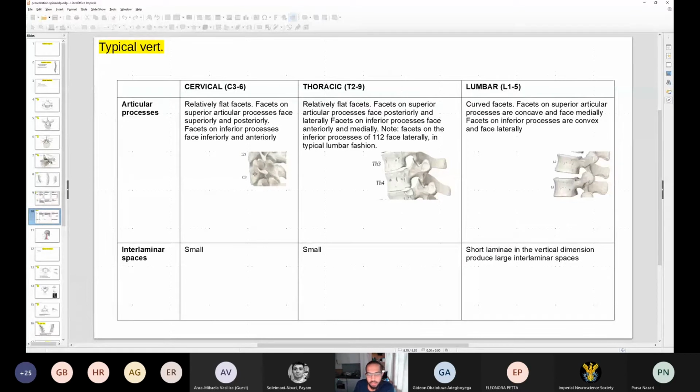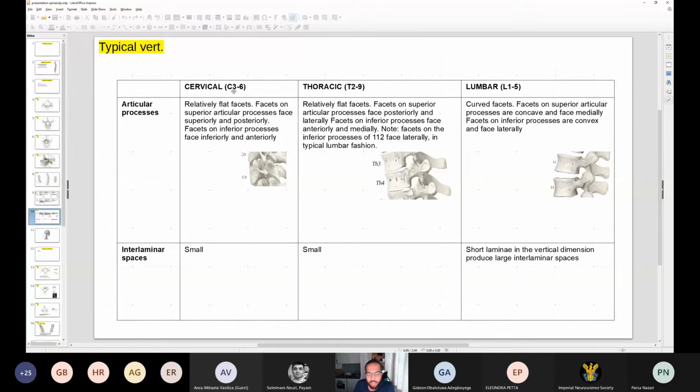So the articular processes are a bit different in orientation, and it may seem initially confusing. However, I think it's straightforward, because you just learn one thing and then you can work out the direction of the other articular process from the one that you already know.